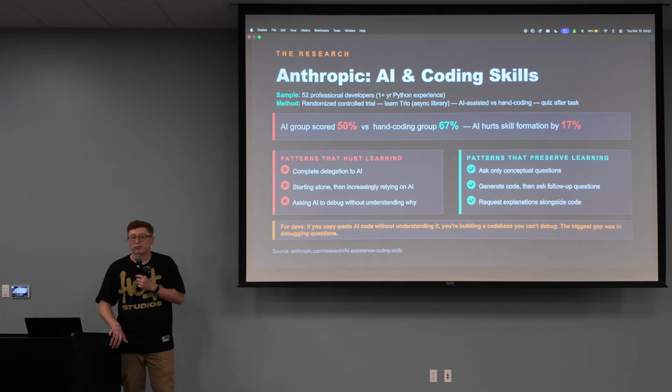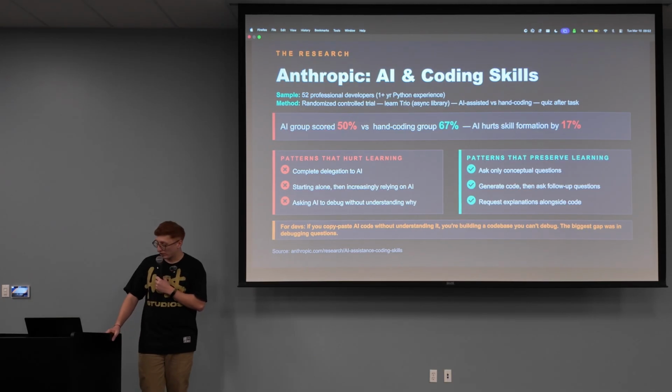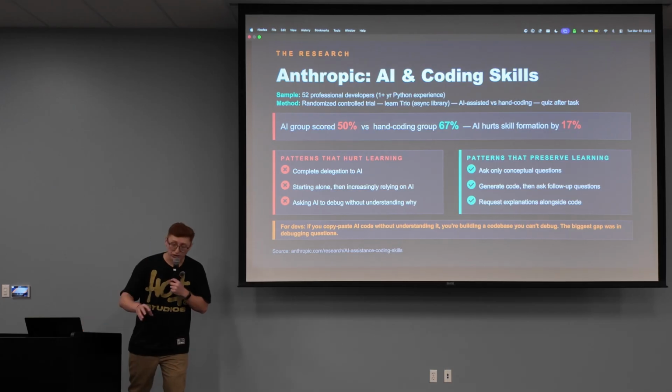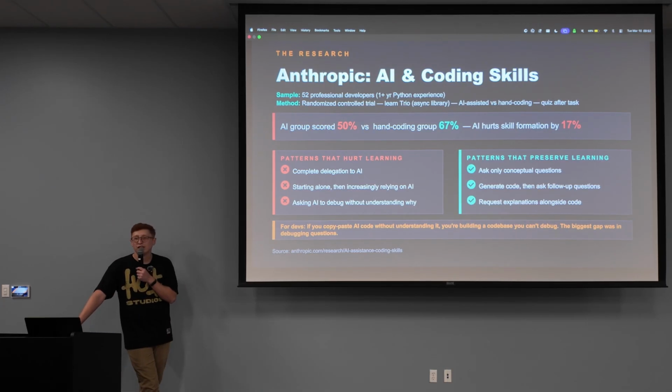They tested both groups. One group used AI, the other group didn't. They gave both of them the same task. In the research, the AI group scored 50% versus the hand-coding group's 67%. So in numbers, AI hurt skill formation by 17%.